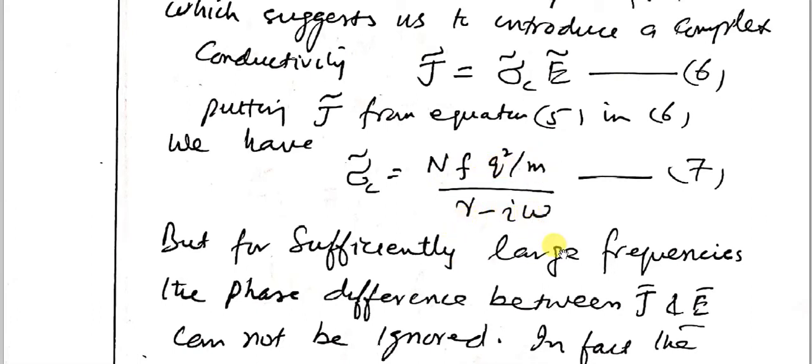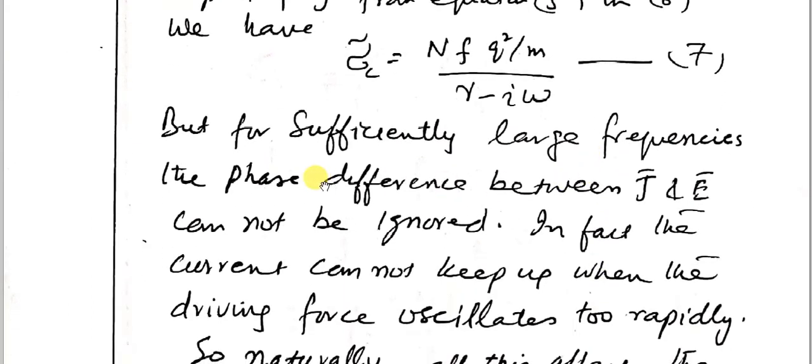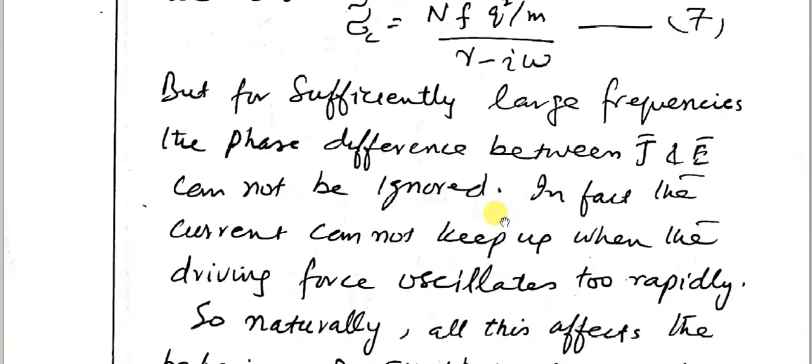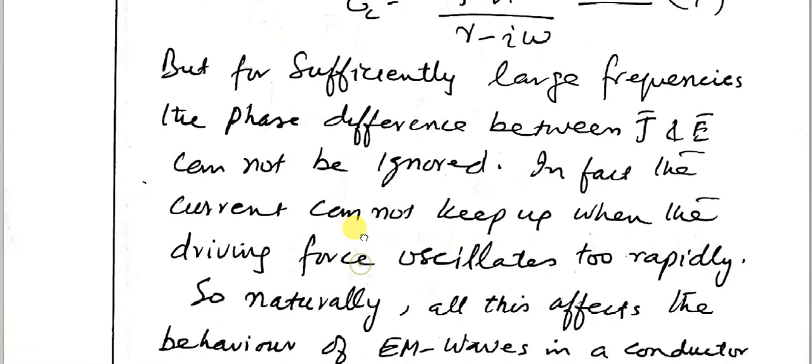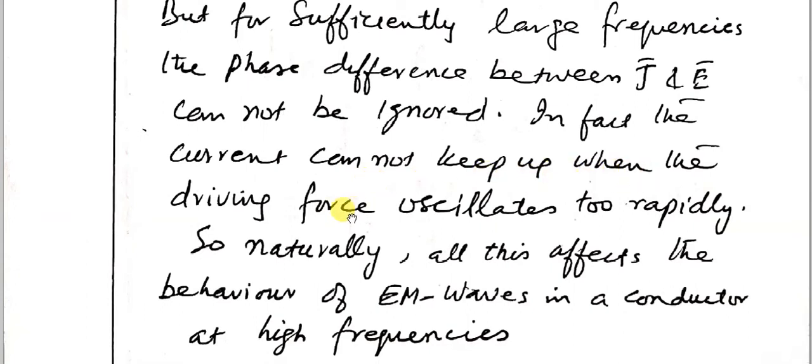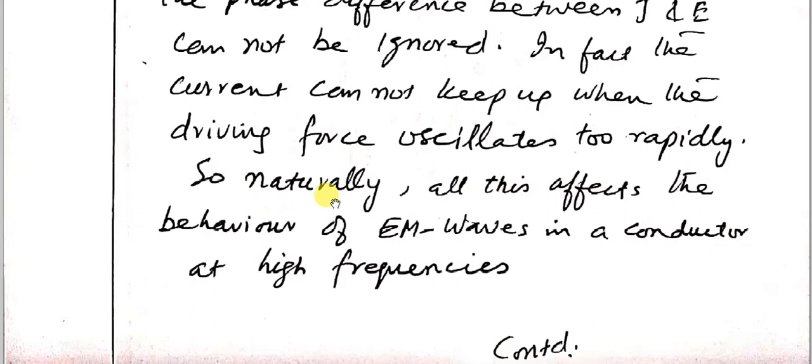This is equation number 7. But for sufficiently large frequencies, the phase difference between J and E cannot be ignored. In fact, the current cannot keep up when the driving force oscillates too rapidly. Naturally, these effects affect the behavior of electromagnetic waves in a conductor at higher frequencies.